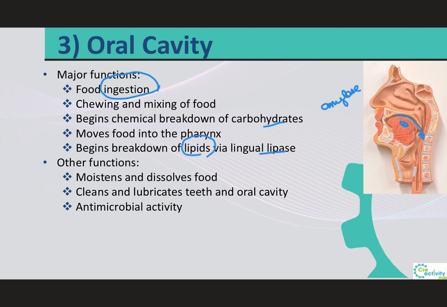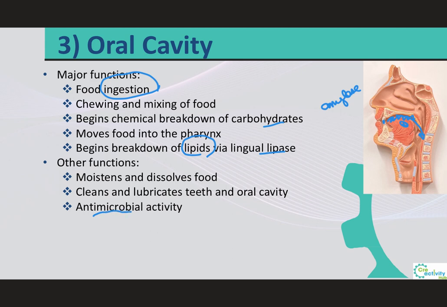With regards to other functions, we have that saliva will help to moisten and dissolve the food. It will also help to clean and lubricate the teeth and oral cavity. And because it has certain components, it will help to reduce bacteria inside of the mouth.